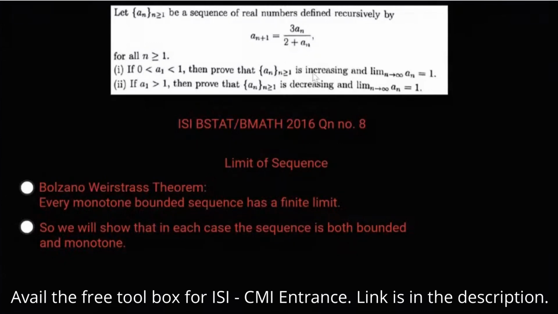In the first case the sequence has to be increasing, and in the second case it will be decreasing, and in both cases the sequence would be bounded. So after showing this, we can assume that the sequence has a finite limit according to the Bolzano-Weierstrass theorem.